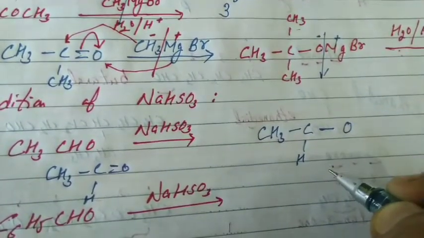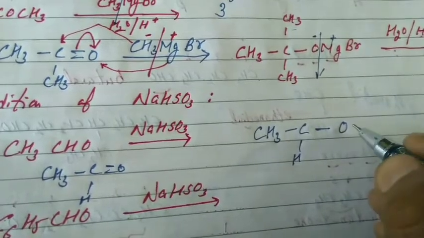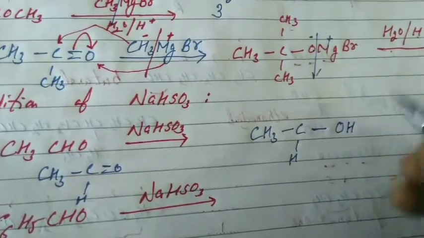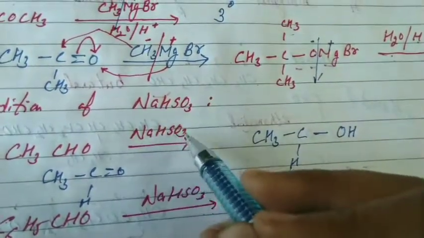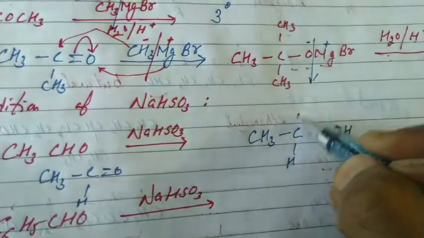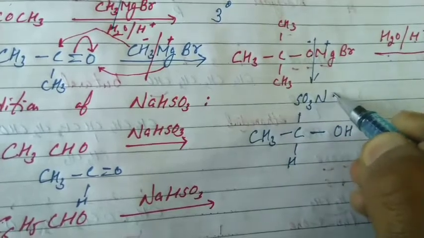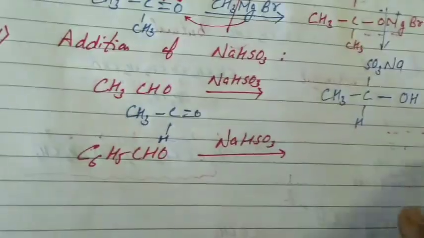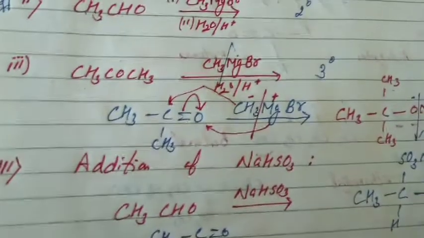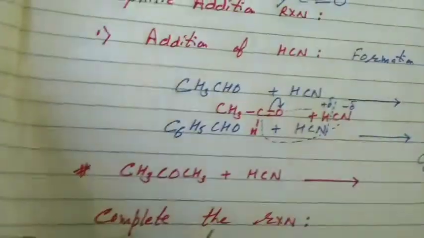Now what will happen in it, students? H attacks on the oxygen atom, leading to the formation of OH, and SO3Na attacks on the carbonyl carbon. That is the product of this reaction. In the same way, complete this reaction. These are the nucleophilic addition reactions we discussed in different carbonyl compounds.